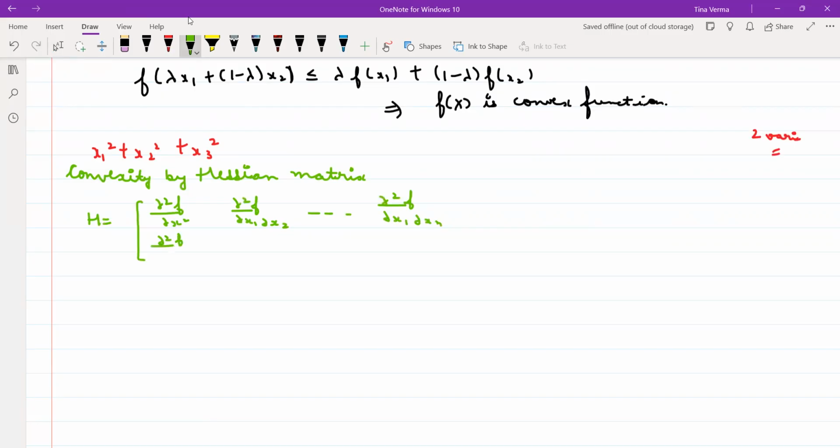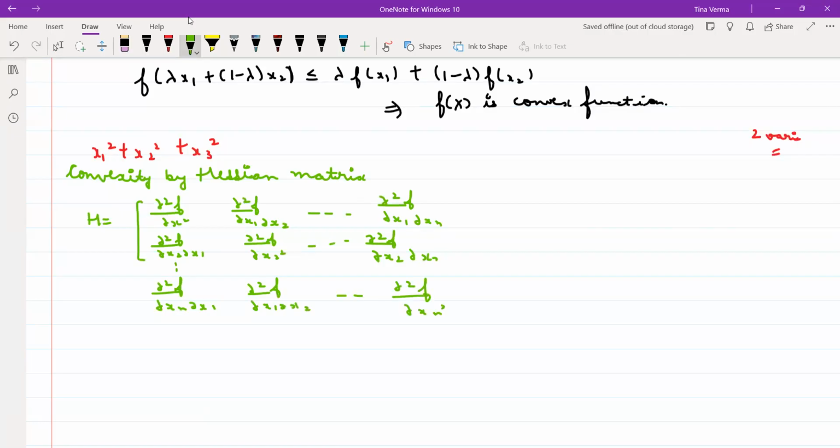The same for x2, x1, then partial of f with respect to x2 squared, and so on up to x2, xn. If you have n variables, it continues down to xn, x1, xn, x2, and the partial of f with respect to xn squared. This will be your Hessian matrix for the given function.